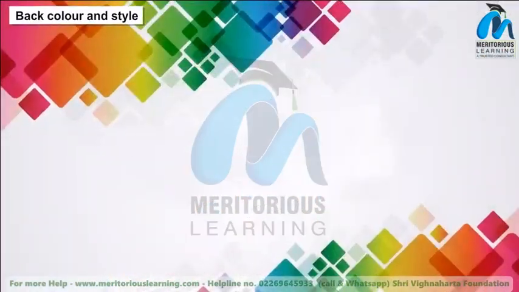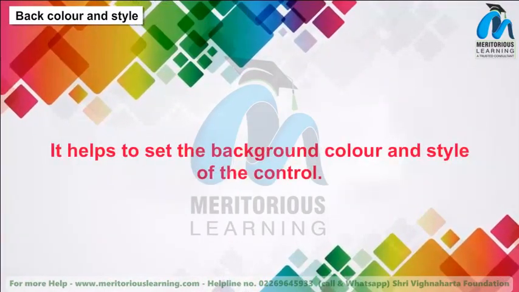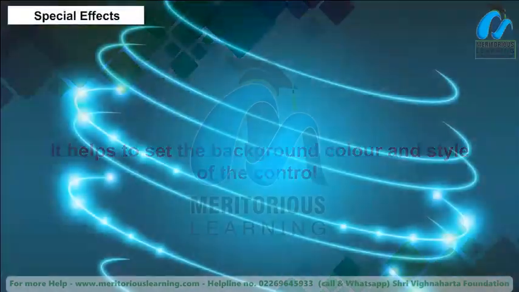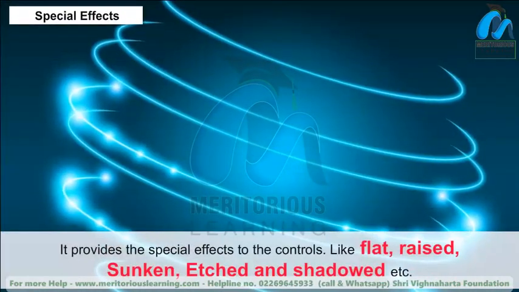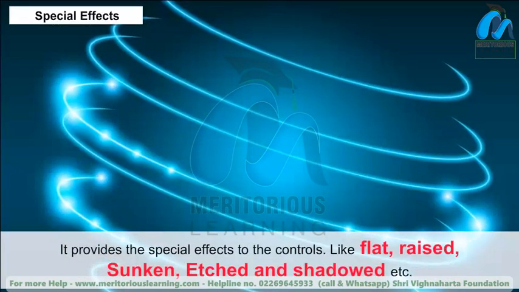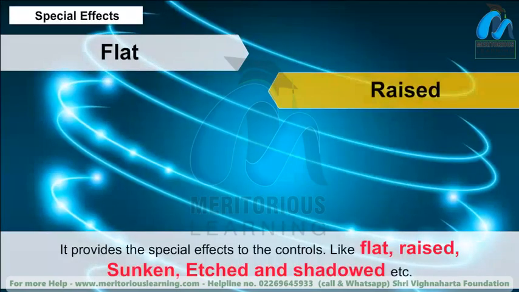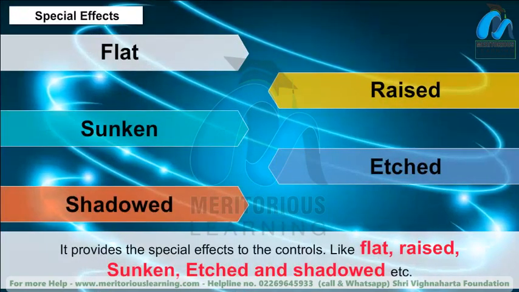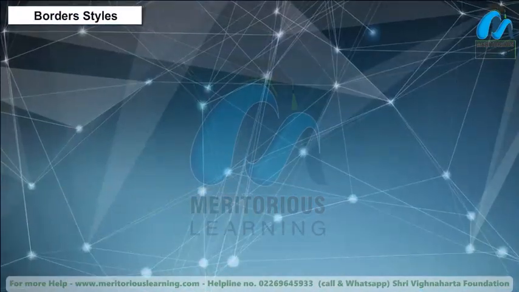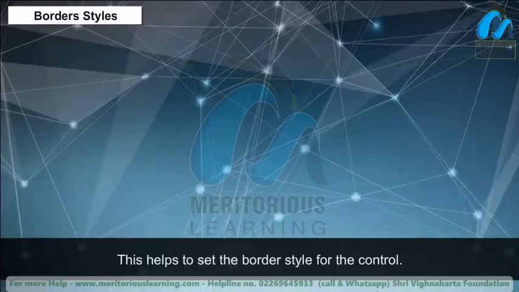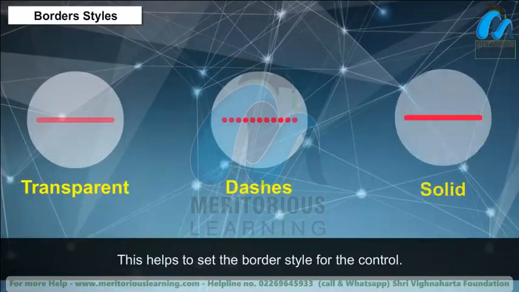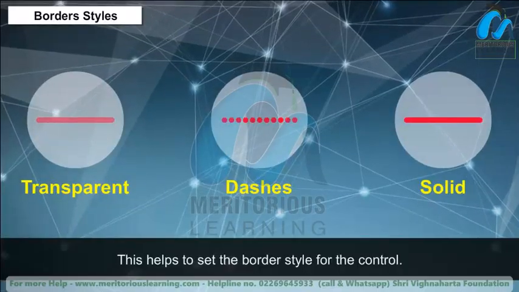Back color and style. It helps to set the background color and style of the control. Special effects. It provides the special effects to the control, like flat, raised, sunken, etched, and shadowed, etc. Border styles. This helps to set the border style for the control, like transparent, dashes, solid, etc.